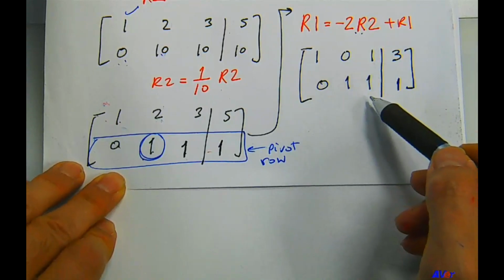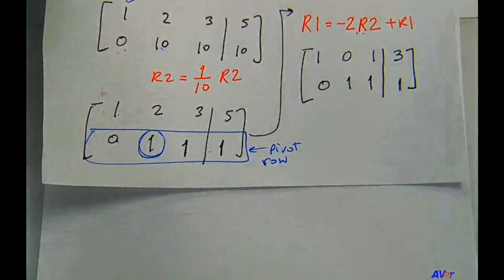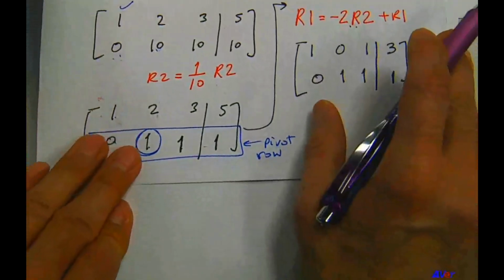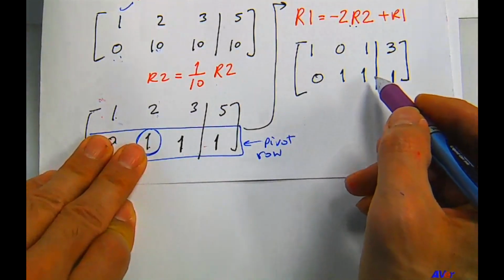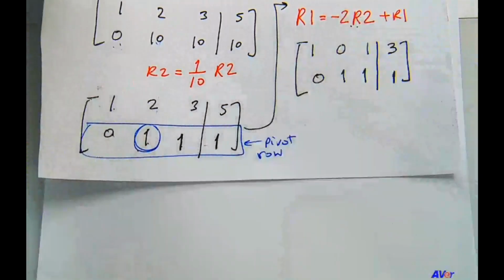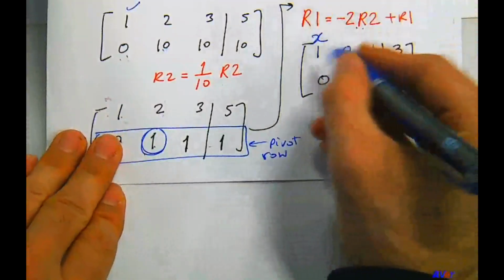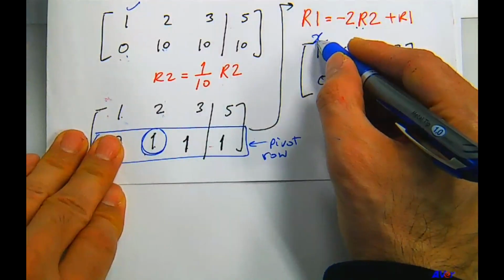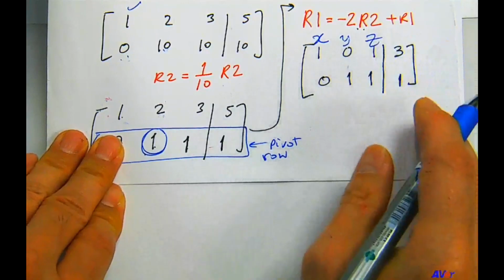This is as far as we can take our reduced row echelon form. In this case, we have infinitely many solutions. We started with x, y, z, so these are the coefficients of variable x, coefficients of variable y, coefficients of variable z.